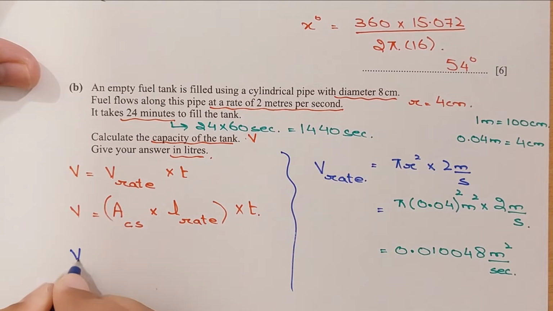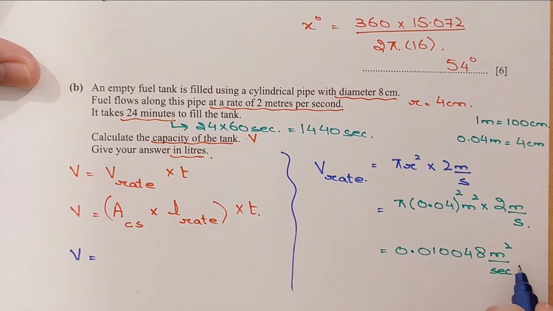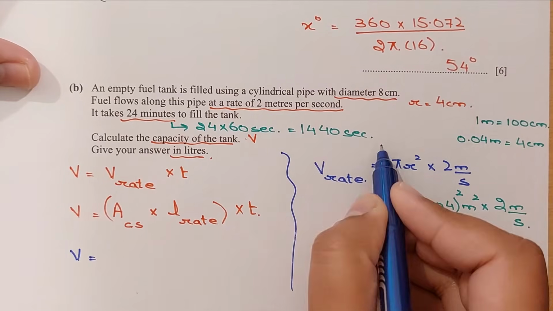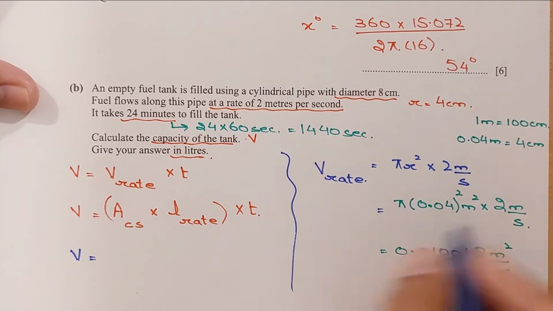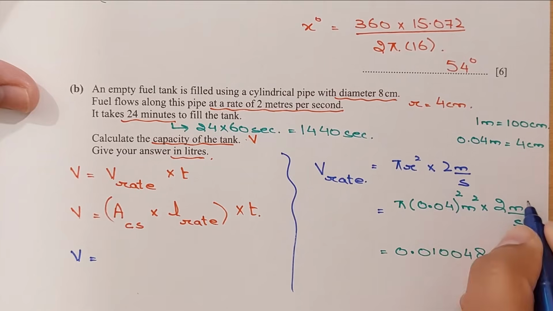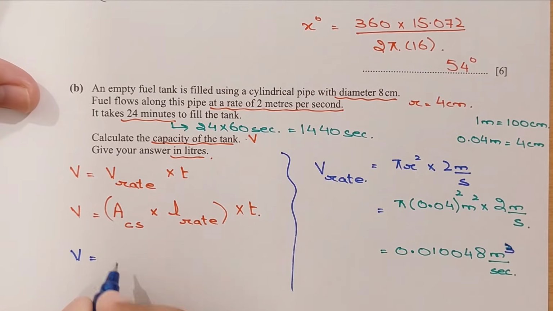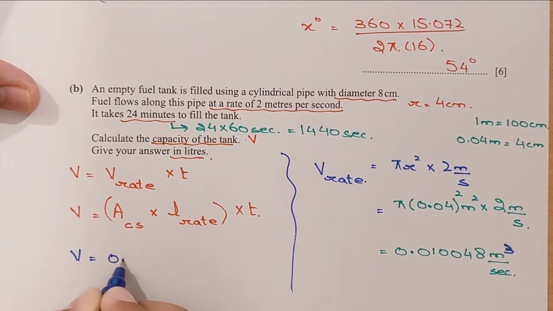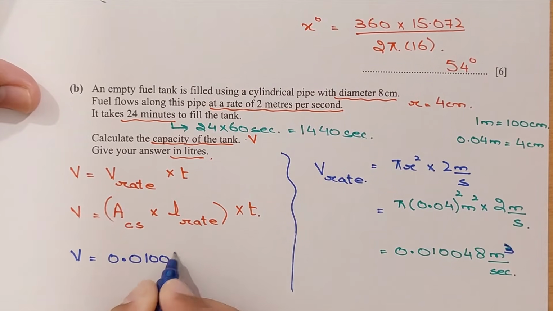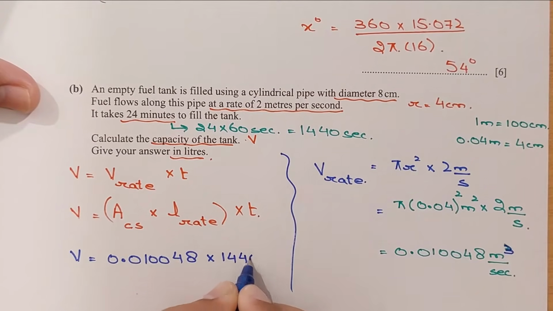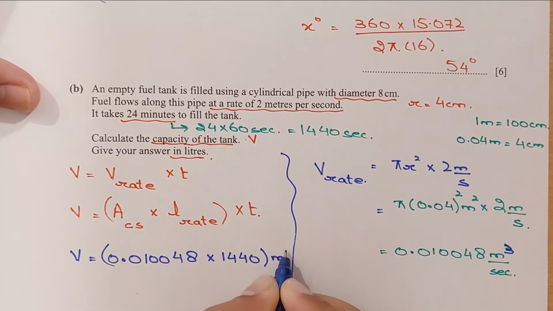So the volume flow rate is this, and multiplying with the time. This is meter cubed, sorry, this is meter to the power 3, because volume unit is always cube. So 0.010048 times 1440. Second is cancelled with second. The answer is in meter cube.